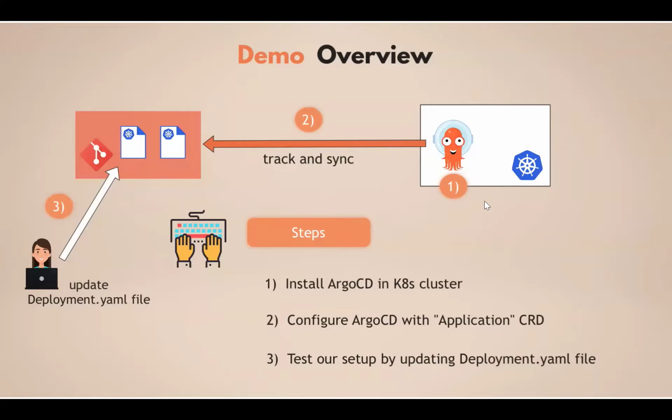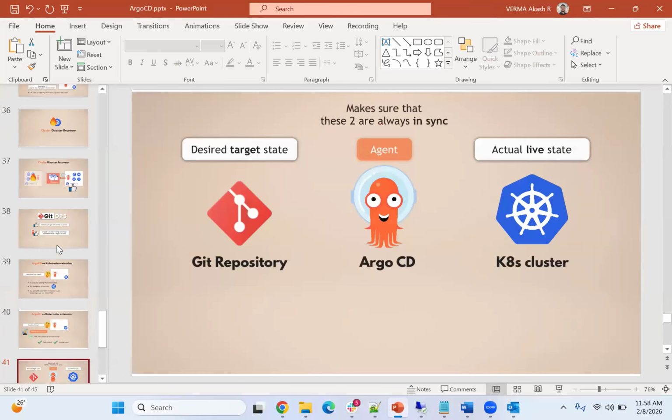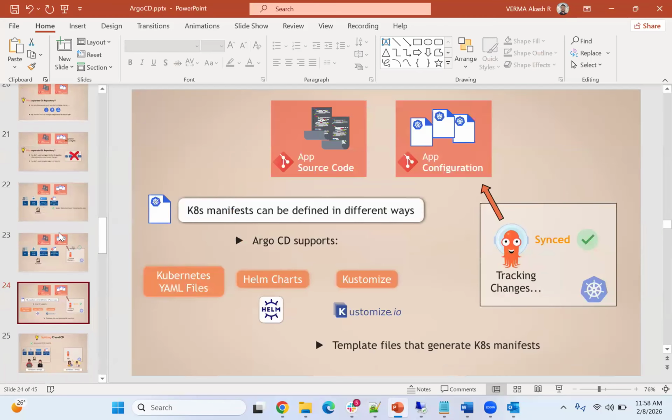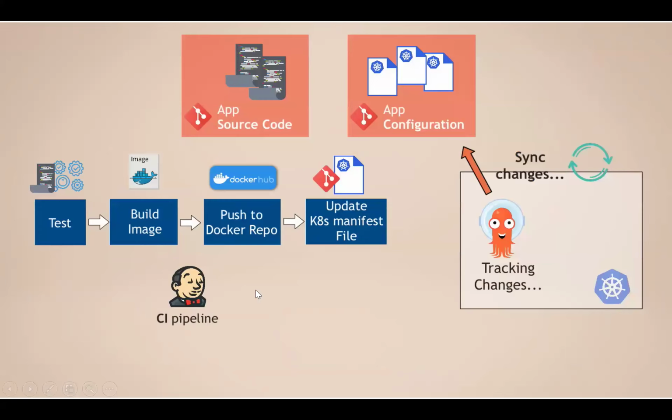Got it? So this is the whole step list that we are going to follow. First part, we'll create a CI part, and we'll sync it with our Argo CD. So if there is any change in the source code, this part will run. If there is any change in the app config repository, this part will run. Got it? So this is our task for demo purposes.